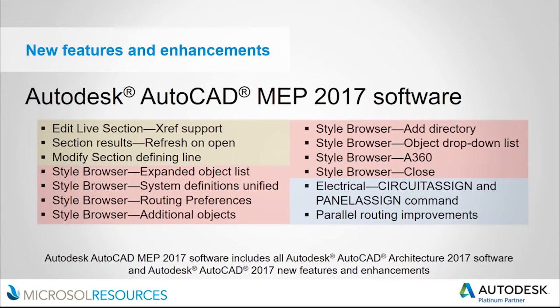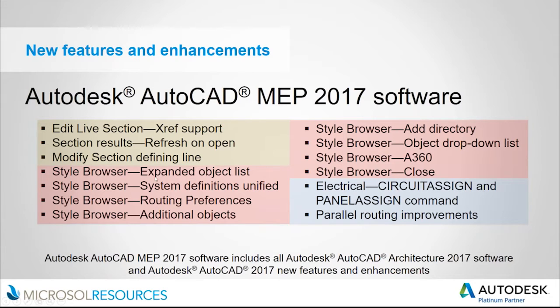So you can see here, if I take the list of new features, we have three new features for editing live sections, some being able to modify the section line without having to redo the whole thing from scratch. We can regenerate these sections on open and so on.